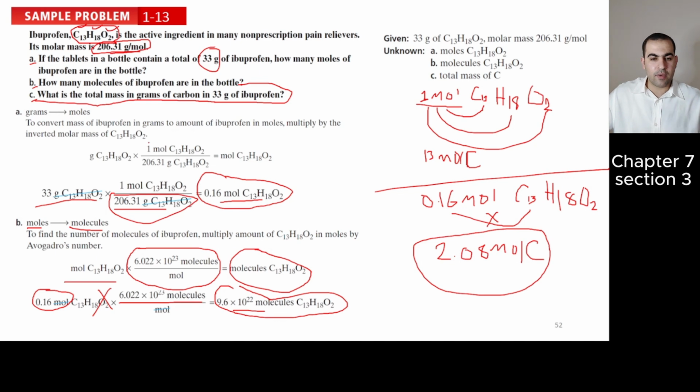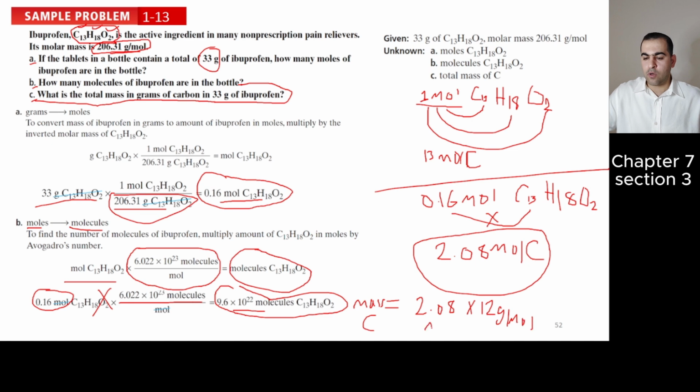How can we find the mass in grams of any substance? Mass equals mole times molar mass. So the mass of carbon equals the moles of carbon, 2.08, times the molar mass of carbon, which is 12 grams per mole.